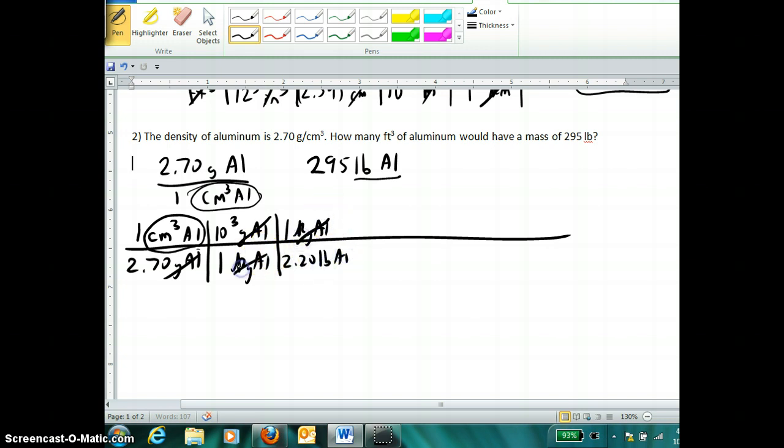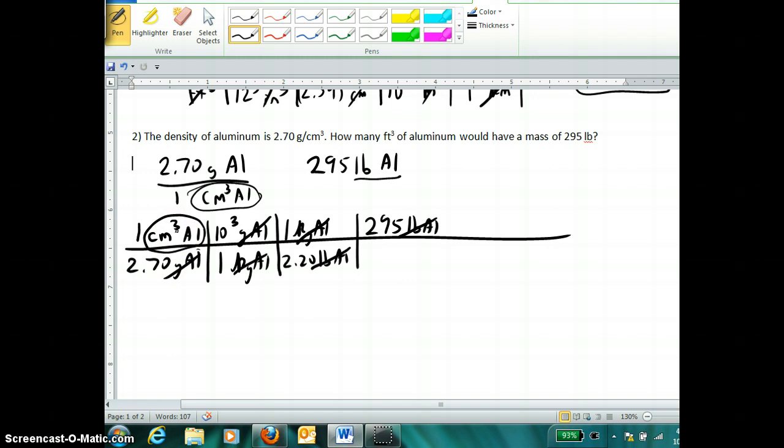And the kilograms of aluminum cancel, leaving me with pounds of aluminum. I can then go on and multiply by the mass I was given. And pounds of aluminum cancel pounds of aluminum. Effectively, I've completed step 4. I've canceled everything I don't want, leaving me with what I do want, a volume of aluminum.